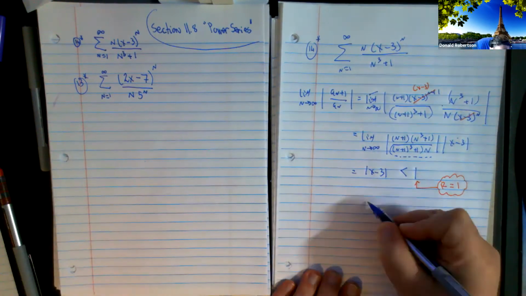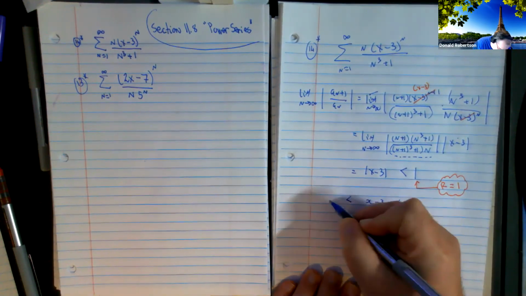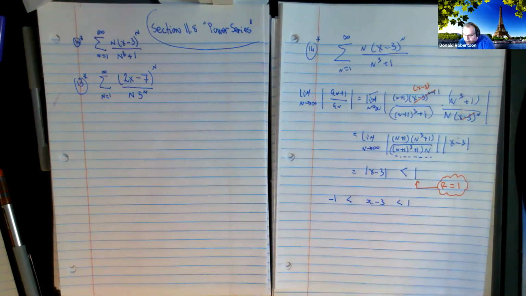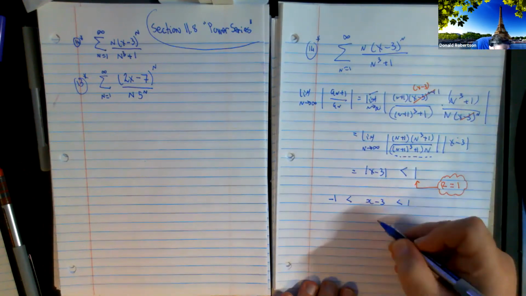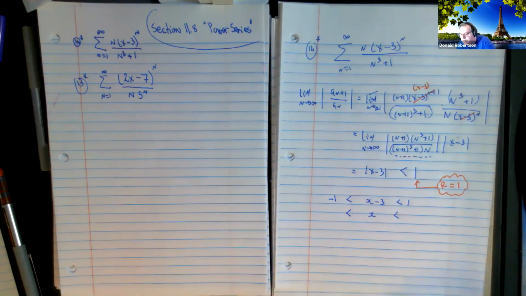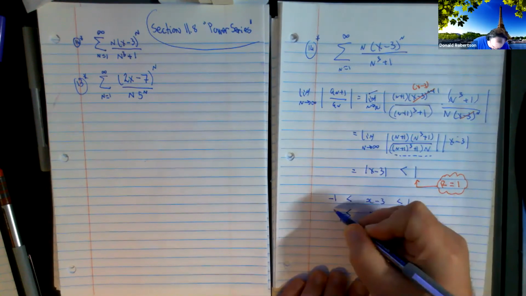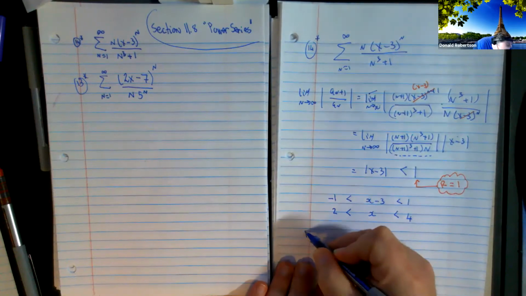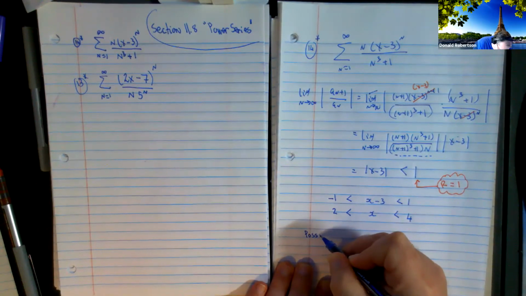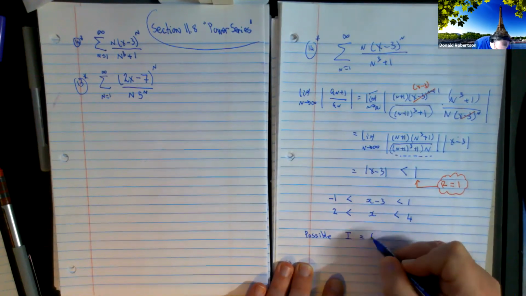Now, to get the interval of convergence, remember we did that? What would I do to all 3 pieces so that I get x on its own in the middle? Add 3. So on this side and on this side. So we now have a possible interval of convergence, and it's 2 to 4.